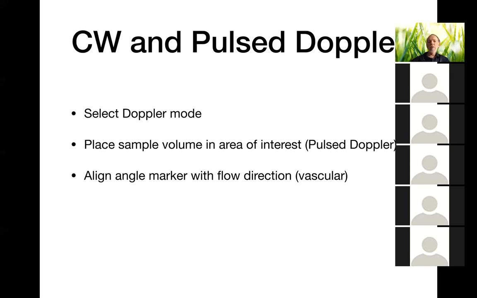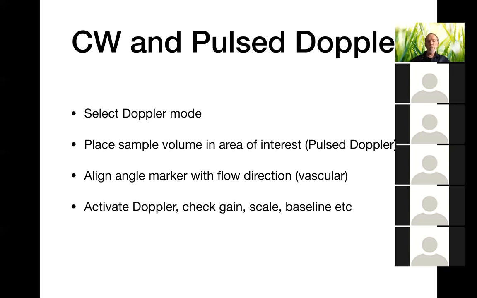In echocardiography, a lot of the time you're aiming to have the beam parallel to flow, and in that case the angle is very, very small, and I'll be showing you shortly it's really not so important, and you often won't be doing any angle markers or angle correction. So the angle correction is predominantly seen in vascular applications.